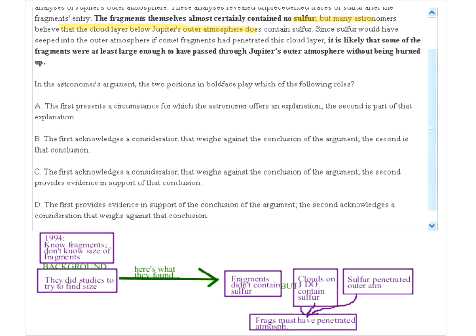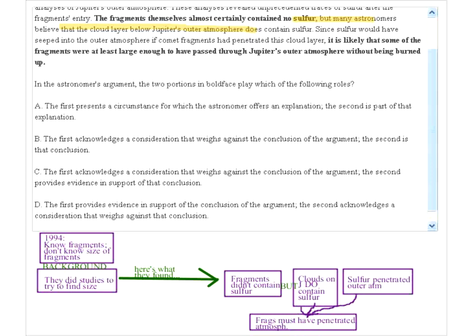If you need to, you can do a therefore test to figure this out. Fragments must have penetrated the atmosphere, therefore these things are true. That can't work, because these are direct findings of the experiment. So it must be the other way around. They found these things, therefore fragments must have penetrated the atmosphere.